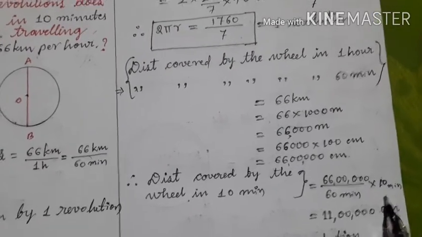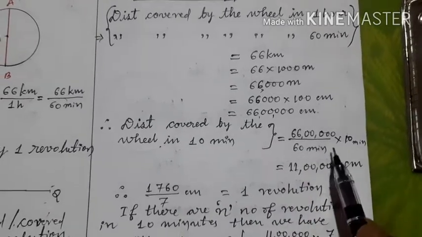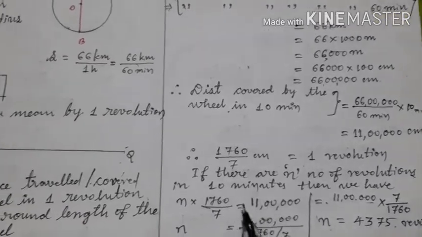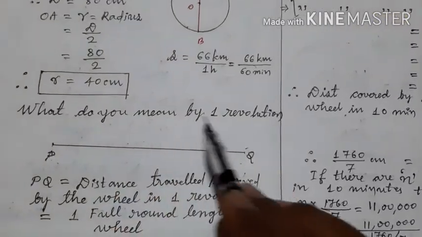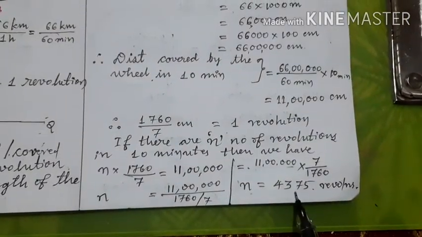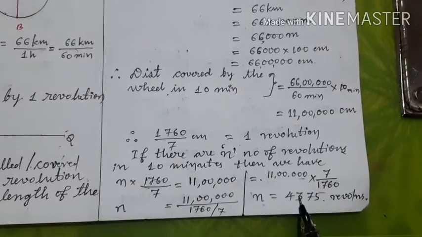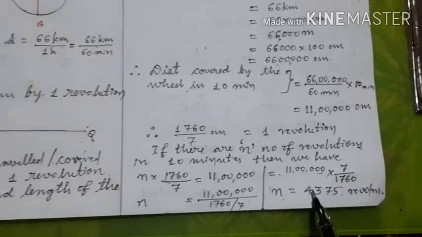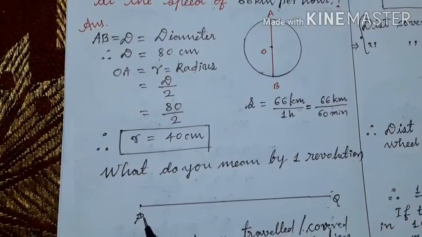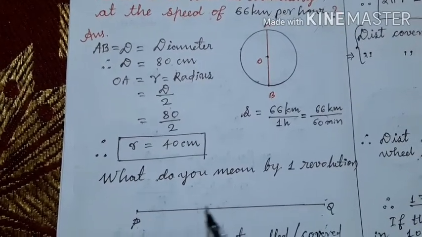Okay, then if we calculate the distance covered by the wheel in 10 minutes, and that distance is divided by the distance traveled by the wheel in one complete revolution, then we get the total number of revolutions made by the wheel in 10 minutes. Okay, let us start with how to find the distance covered or traveled by the wheel in one revolution.